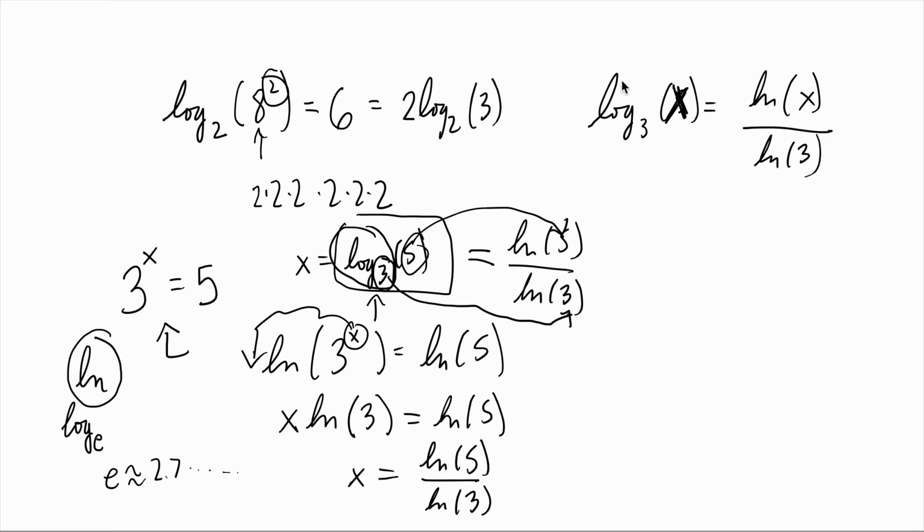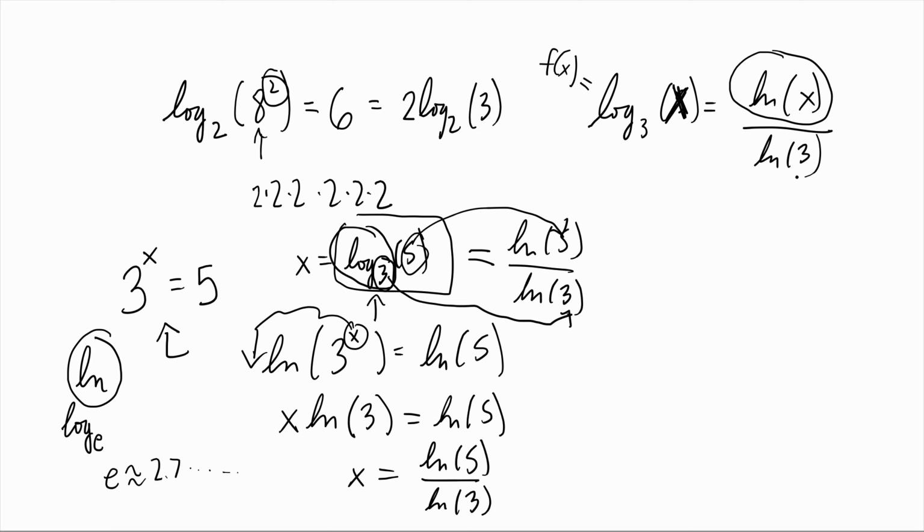So notice the function. If we had some function like f of x is equal to log base 3 of x, this function right here can be rewritten like this. It is simply the same thing as a function that's equal to ln of x, but then you just divide by a constant, the constant ln of 3.